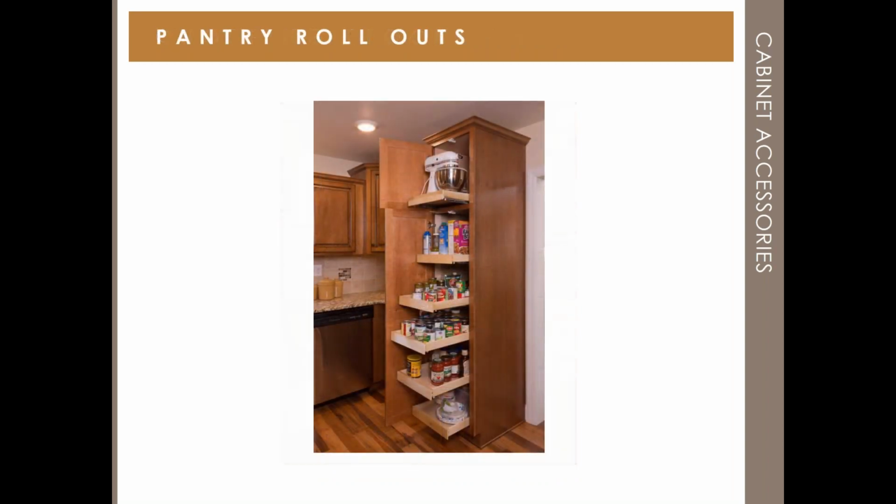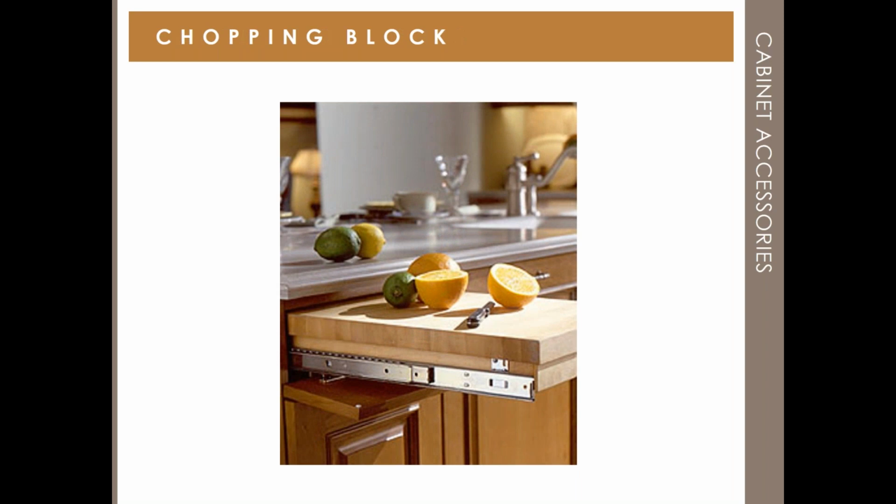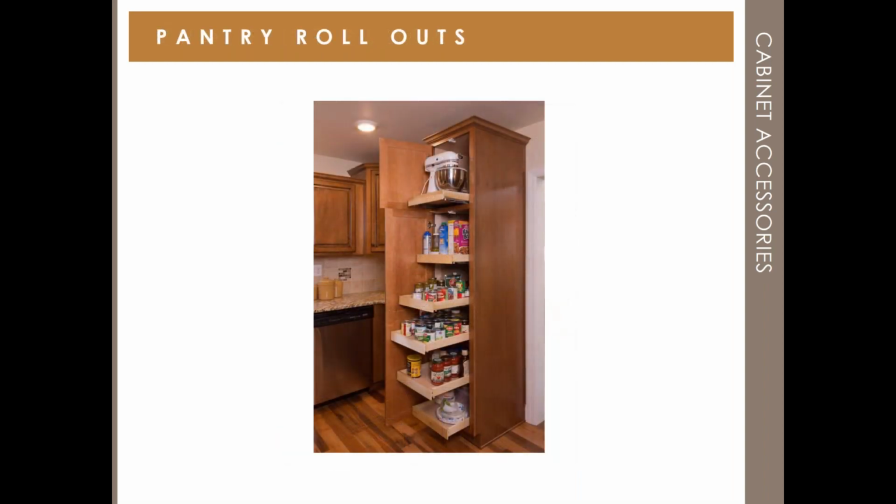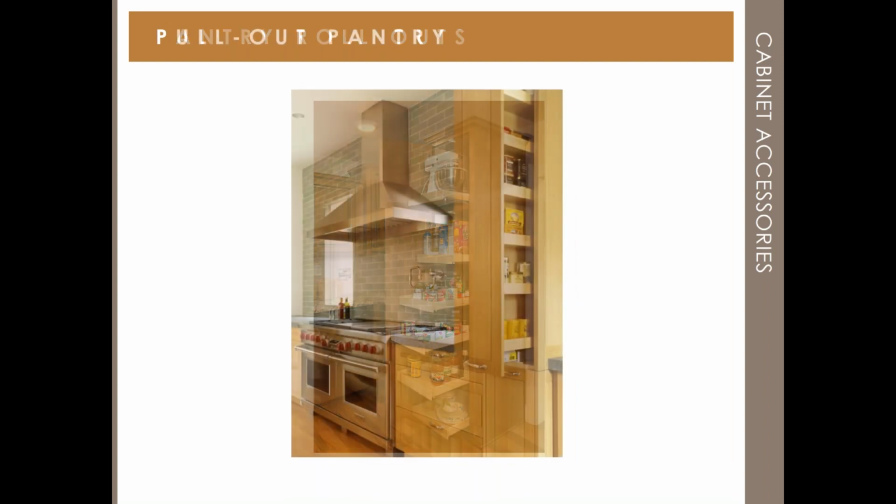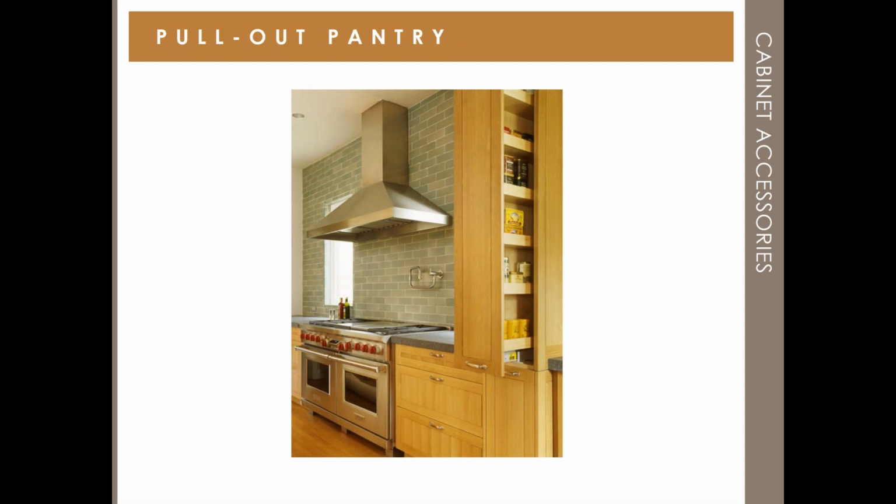Chopping blocks. One of the things about chopping blocks is that people aren't putting them in the cabinetry as much as it comes as an accessory to the sink. Rollouts in pantries. Pull-out pantry. That could be a pull-out base. That could be a pull-out wall.